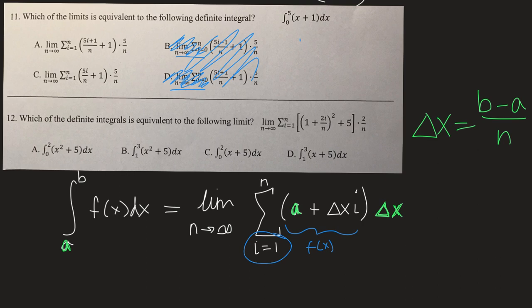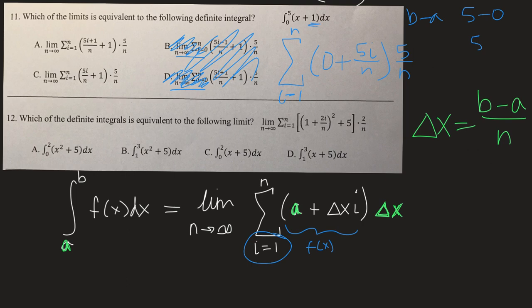So the sum from i equals 1 to n of a, which is 0, plus delta x, b minus a. So b minus a for our problem is 5 minus 0, which is just 5. So 5i over n times 5 over n. That b minus a again.